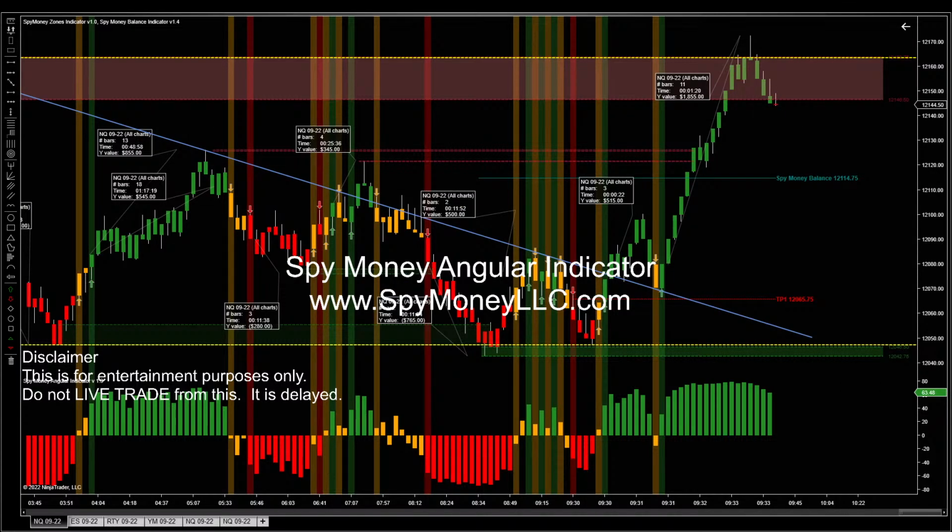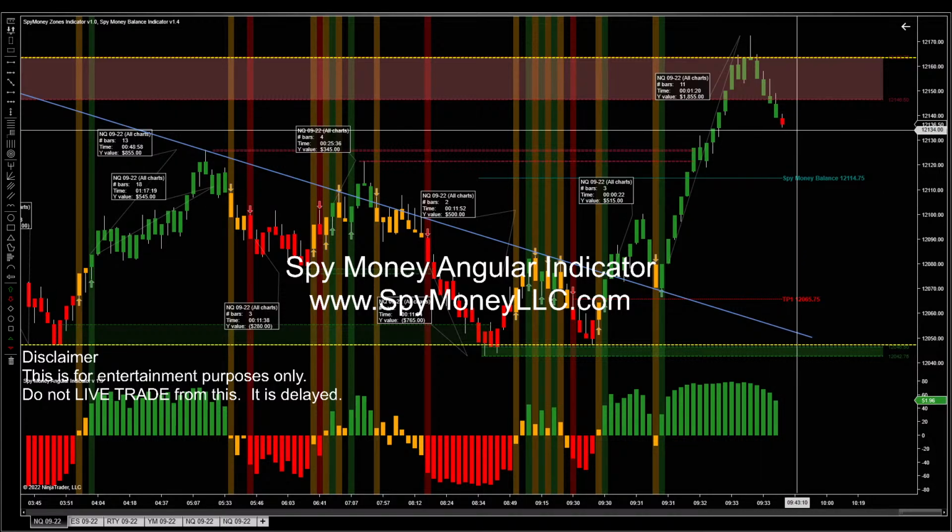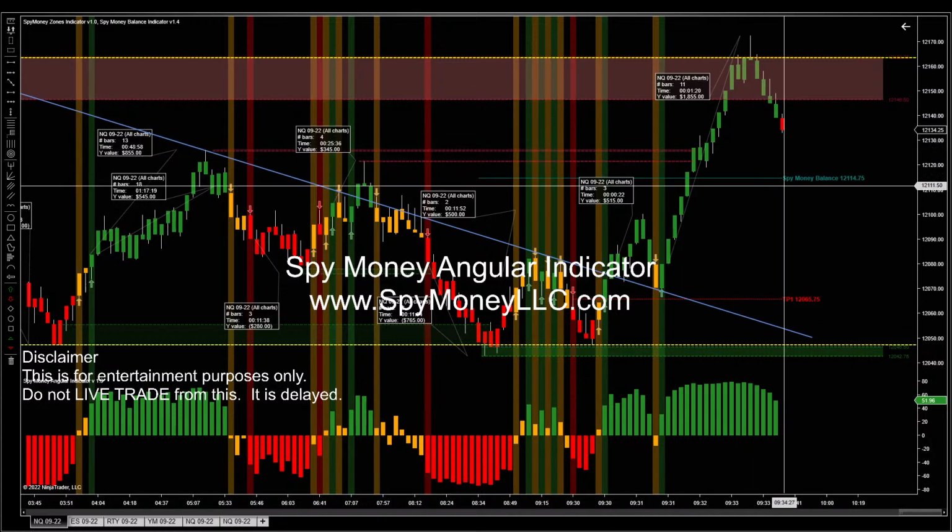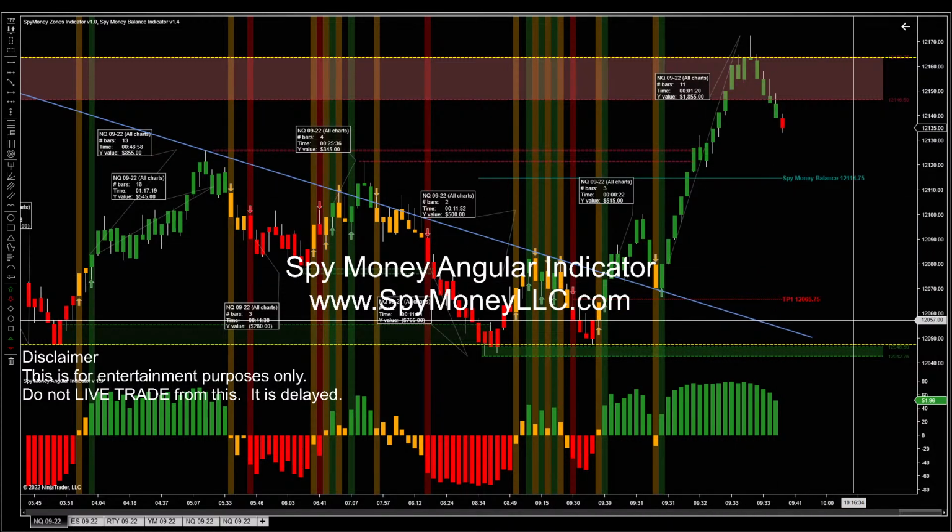So what I would be looking for now is to come back to the balance. When it comes back to there, then I would be looking to take a long entry. I would not be taking a short. If it pops up a short here, I will not be taking it because we are kind of long bias. Now, we may miss that short. That's fine.